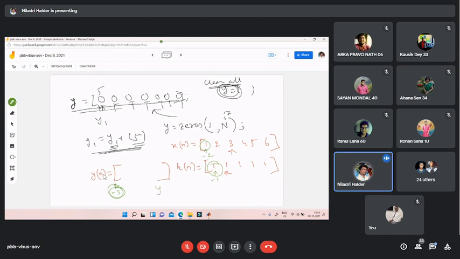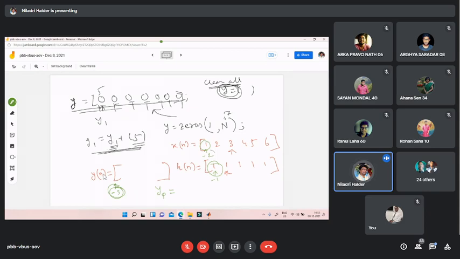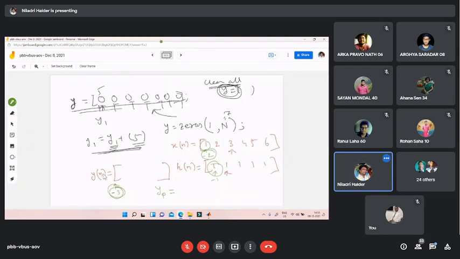So if that index position is defined by yp, what will be the value of yp? xp plus hp, yes or no? xp defines the index position of x, that means -2. hp defines the index position of h, that means -1.